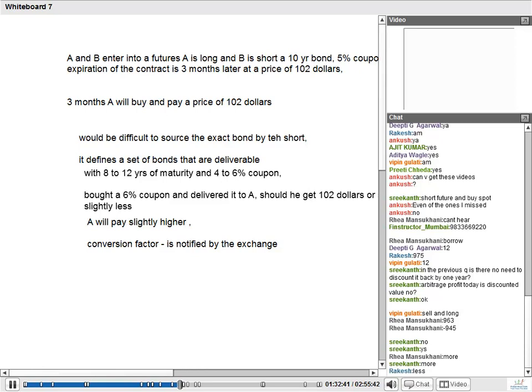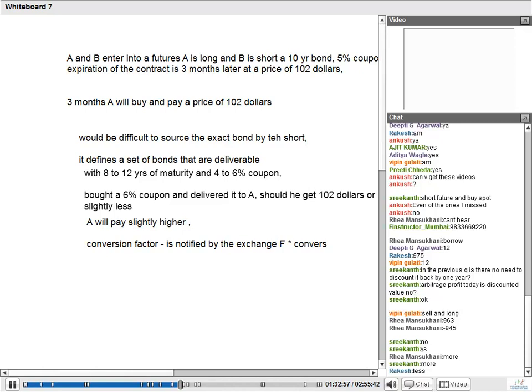However, depending on which bond is being delivered, the price to be paid is equal to the agreed upon price, which is 102 in this case, multiplied by the conversion factor.